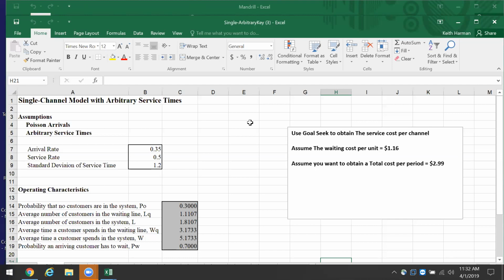Now, one of the things we try to calculate when we deal with any kind of queuing system is we work with arrival times. Notice that we have Poisson arrivals and then we have arbitrary service times. You say, what do you mean by that? Well, let's go back to the car wash. You and I both know that if we sat outside a car wash and watched, there will be certain times of the day when people bring cars in, and then it settles down.